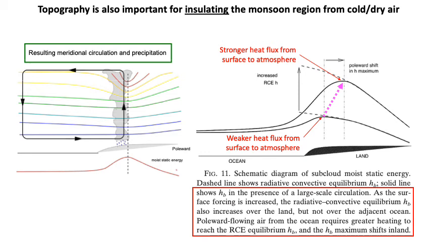So there's one more component to this, which is really important to think about, that was identified later on, actually as a part of work a couple years later, is that topography inland, overland, also has an important role for what we call insulating the monsoon region from cold, dry air.